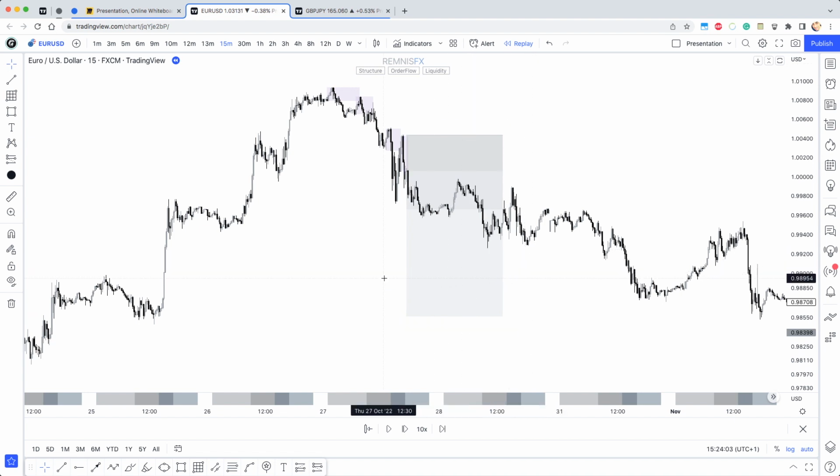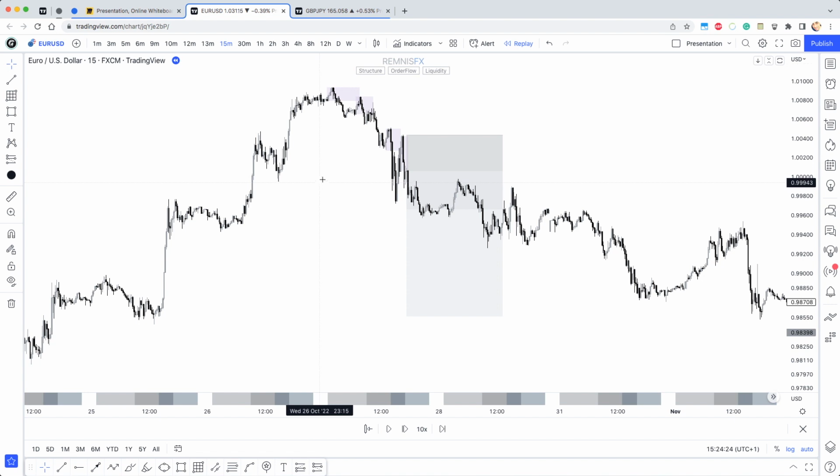But yeah, I think it's a personal thing, because I would have entered differently, right? But these are very high probability entries, so to say, because you're focusing on the major order flow in combination with your structure.